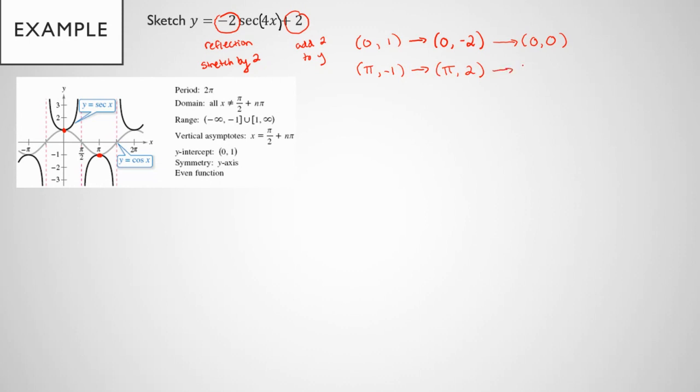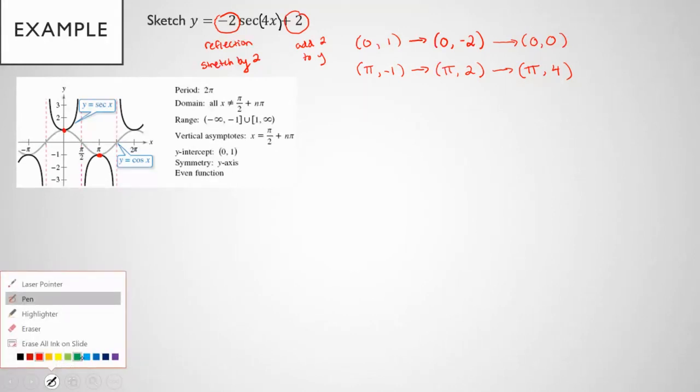And then we do the addition of 2, so that gives us pi, 4. I keep wanting to write 0, pi, 4. So we're going to keep those in mind. Those are the 2 points that I have labeled on the original graph. We did the -2 in front, and then we added 2. We're going to keep those in mind because they're going to help us determine where our y values are.